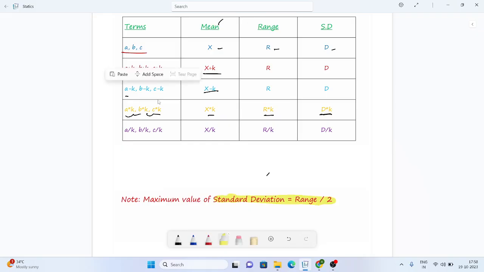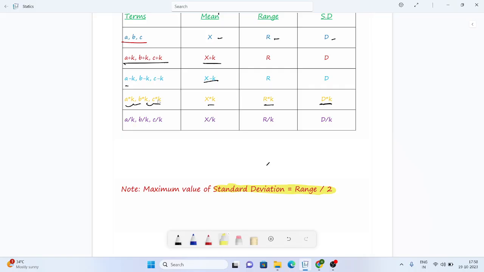For every set in the world, the maximum value of standard deviation will not be more than range by 2. Okay, so make a note of this.